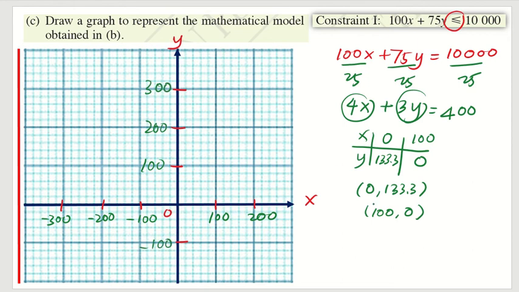Okay, so you mark it. The first one 0, 133.3, somewhere here. Mark it. Then another one, 100, 0. Okay, after you get these two points ready, then what do you need to do?